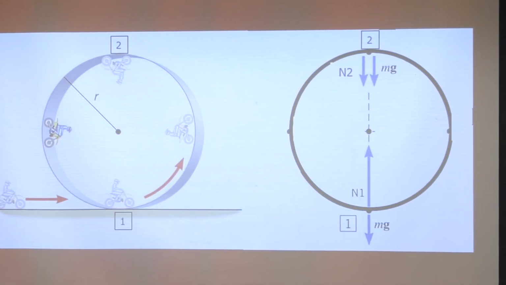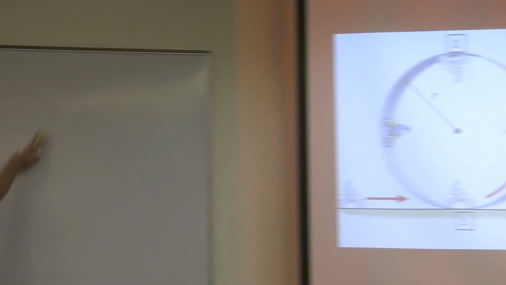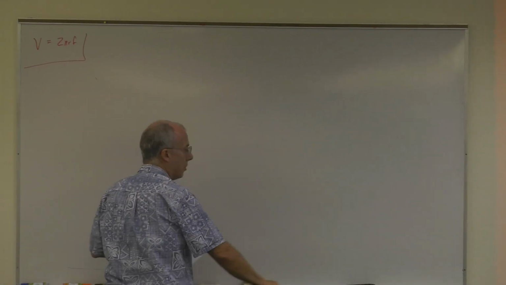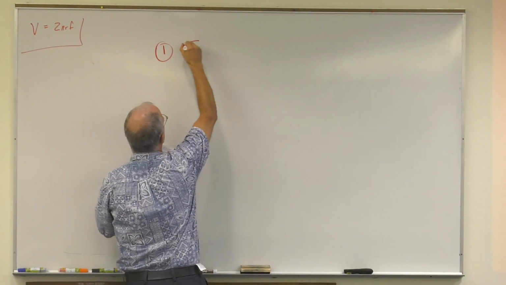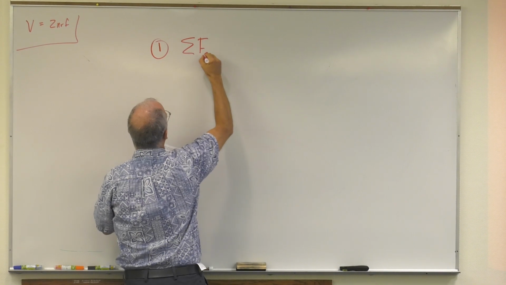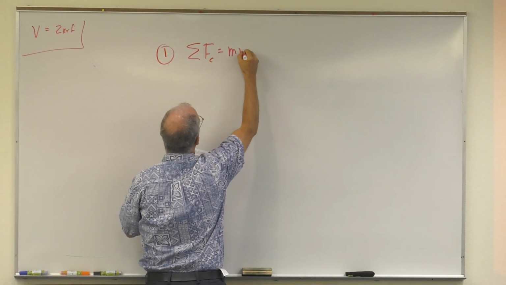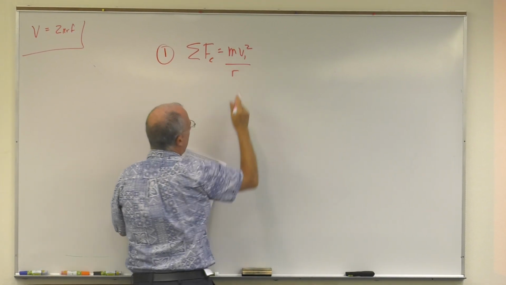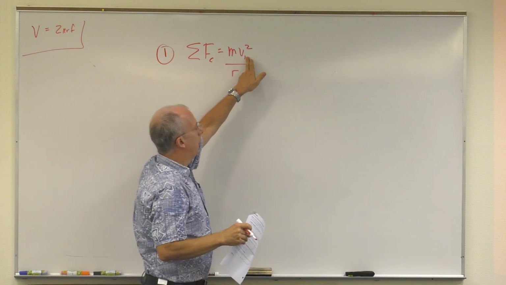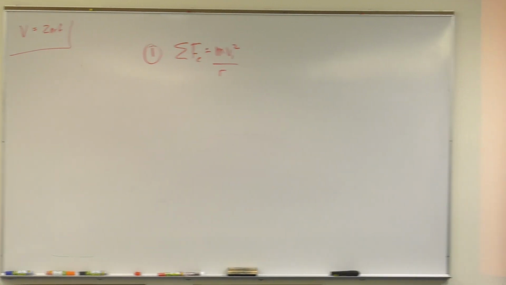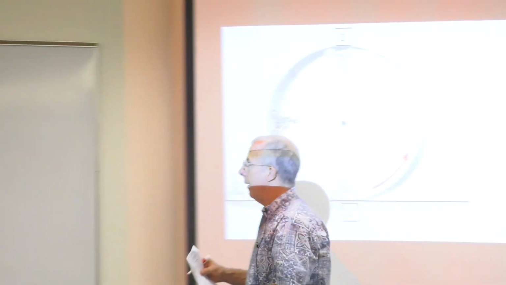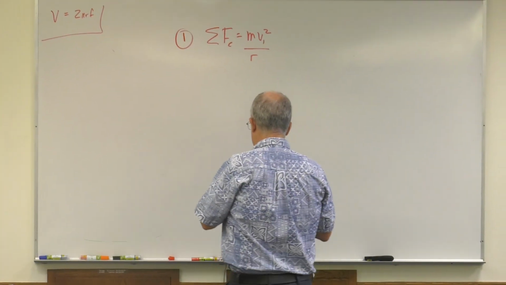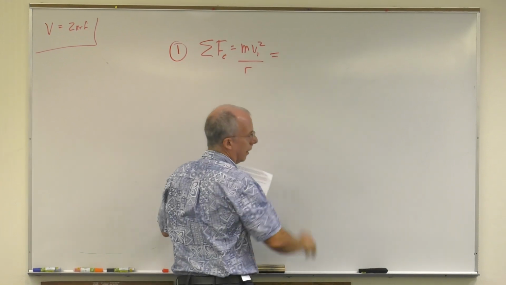Okay, so let's do number 1 first, the ground. At the ground, the sum of the centripetal forces equals mv1 squared over r. I'm going to put a 1 here because I want to differentiate the velocity here from the velocity at the other point.